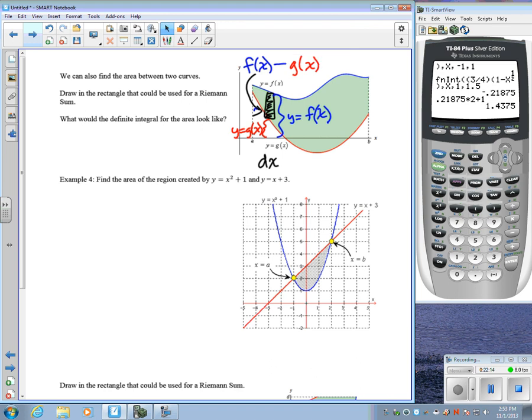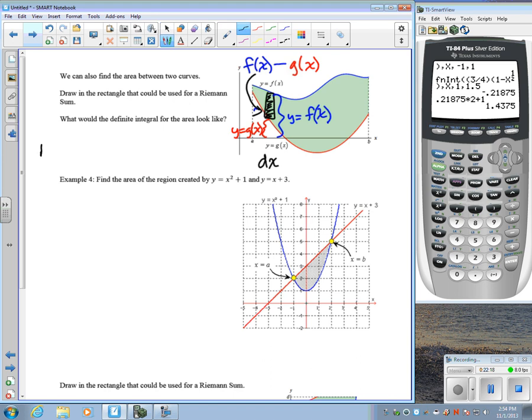So let's go ahead and write what our definite integral would look like now. So our definite integral to find the area, again, let's talk about our width. Our width is dx, which means my bounds here and here should be x values. In this case, our x values again are a and b.